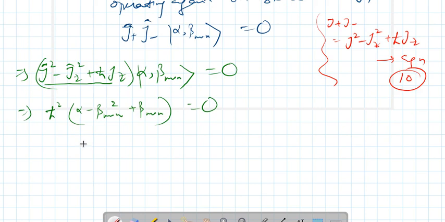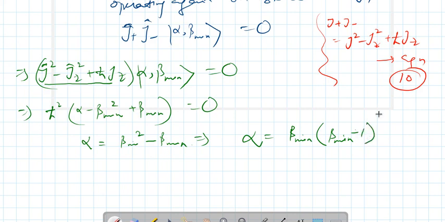From here I can write α = β_min² − β_min, which is β_min(β_min − 1). Let me write this as equation number 20.